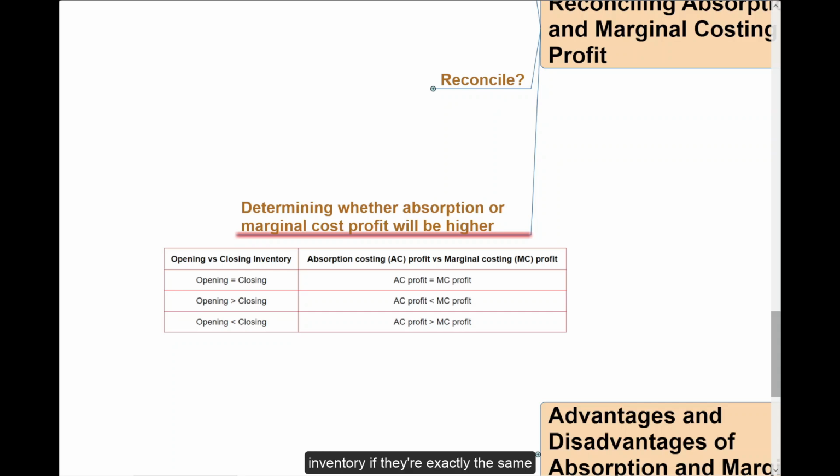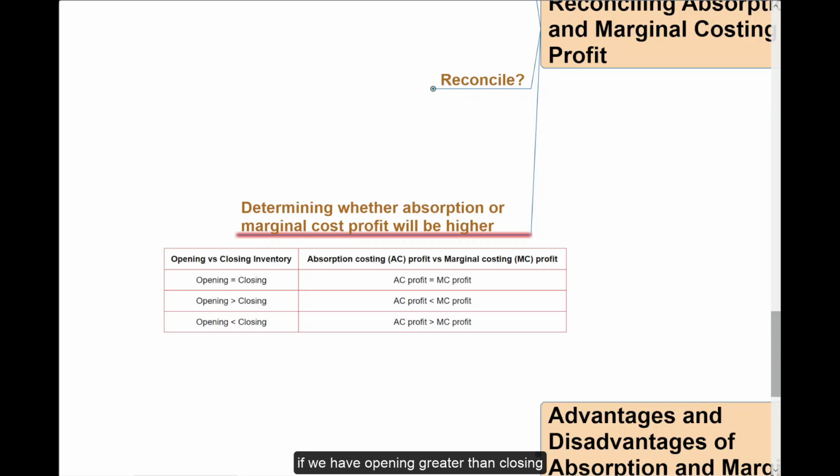If they're exactly the same, if there's no change in inventory, then really we're not going to have any change between absorption costing profit and marginal costing profit. There's no change at all. Remember what we said, the difference in opening and closing inventory is what creates the difference in the end profit.